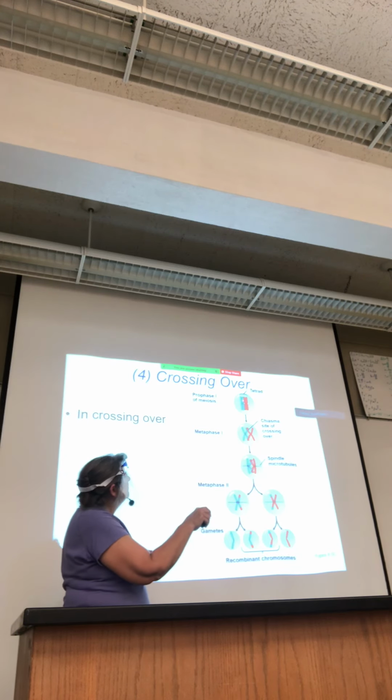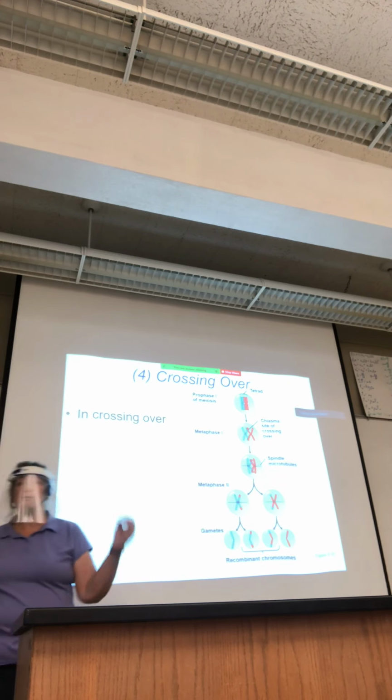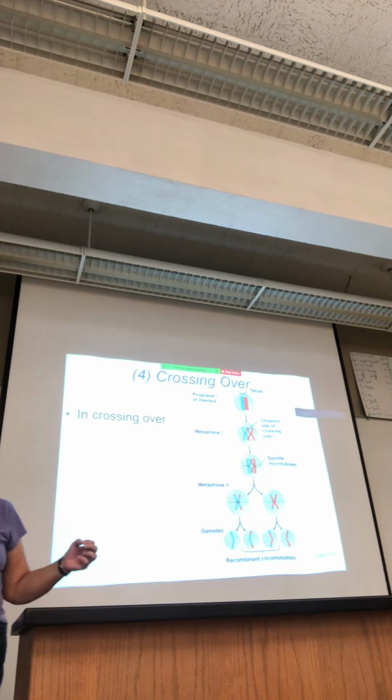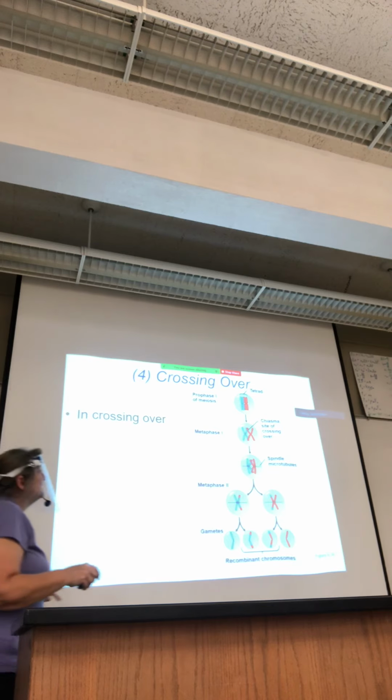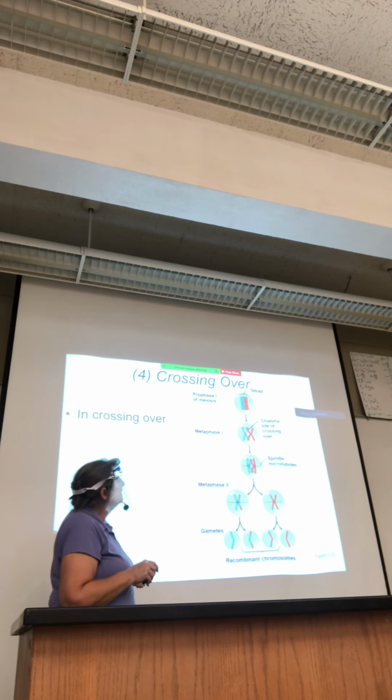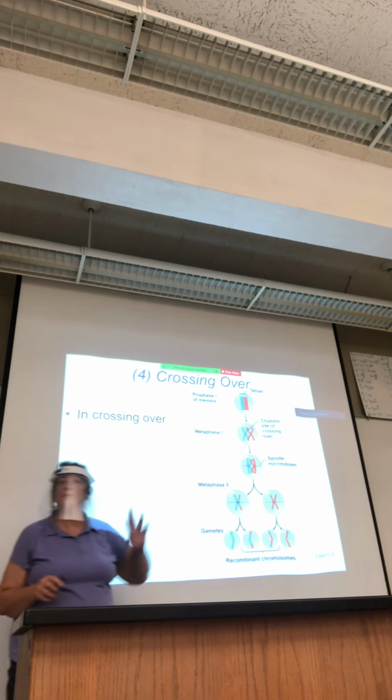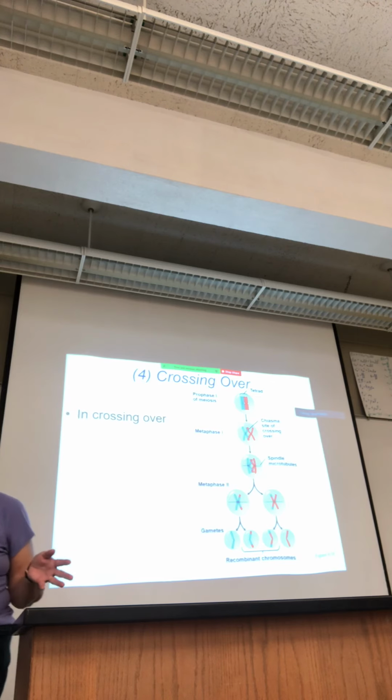This chromatid right here, this blue one, and this red one right next to it, those are non-sister chromatids. They will physically cross over one another. And sometimes they will exchange material. The site where that happens is called a chiasma. I'm not going to ask you to know that.